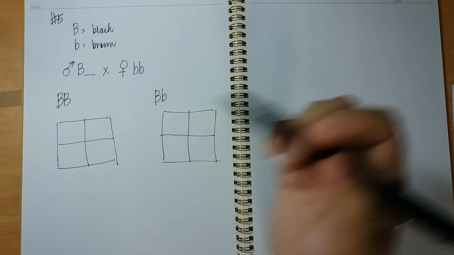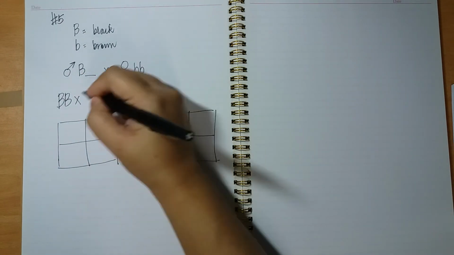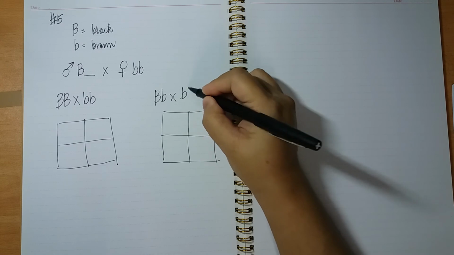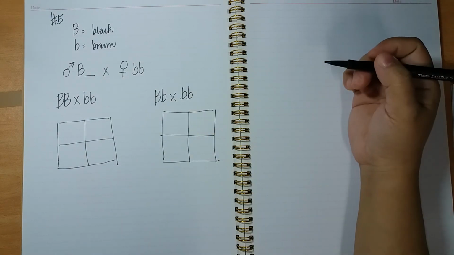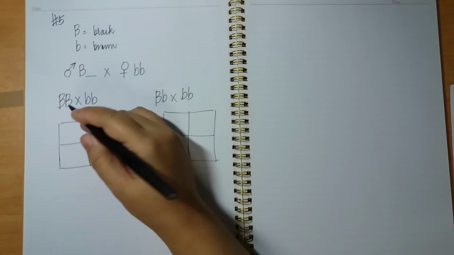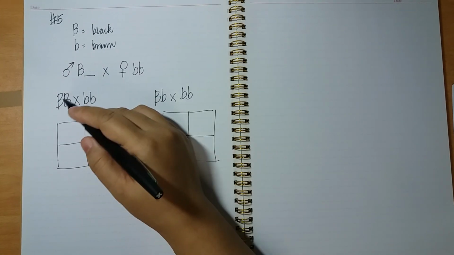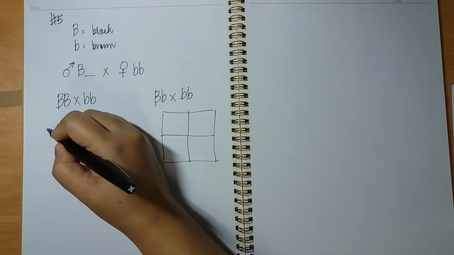Okay. And for both, you cross it against, diba, the female who is brown. Exhibits the recessive trait. Okay? So, ano yung gametes ni parents? Okay? On this side, let's put the male here on the left.